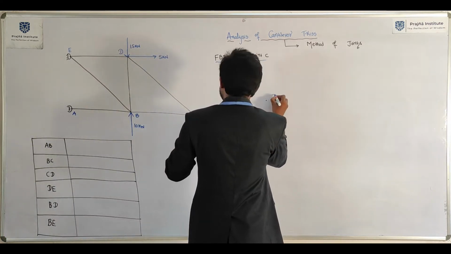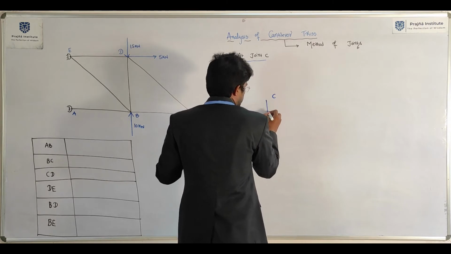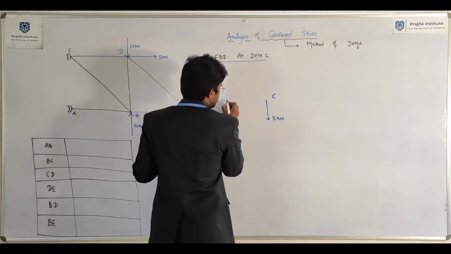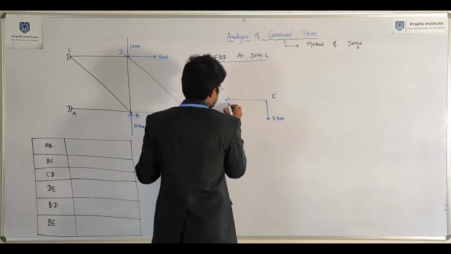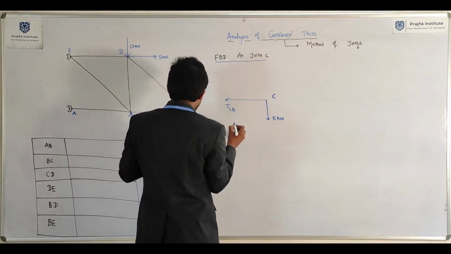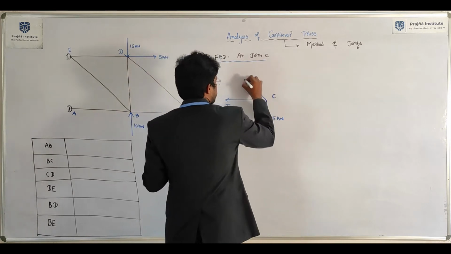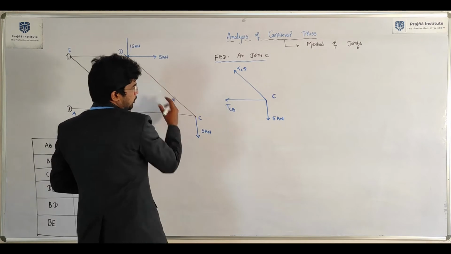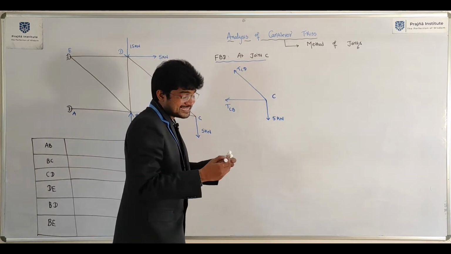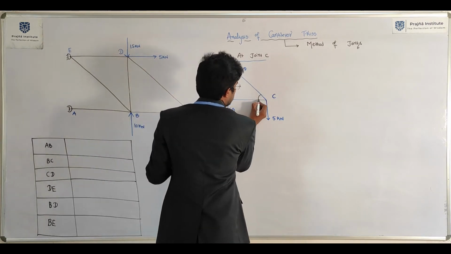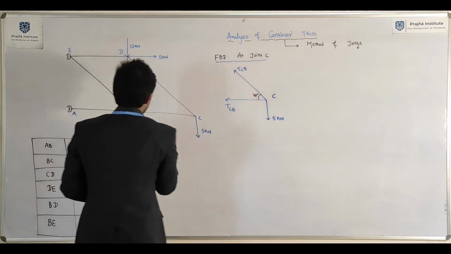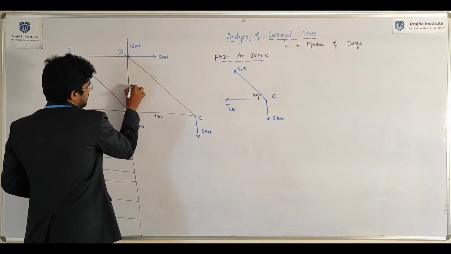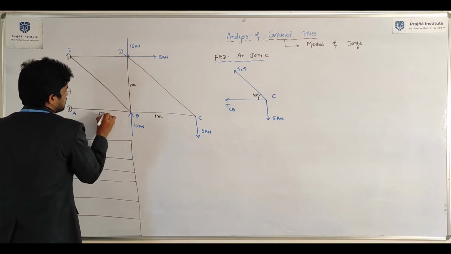Okay, so it is C. 5 kilonewton is acting downwards. Then TCB and TCD, pulling the joint and pulling the joint. It is 45 degrees. Of course, it is 1 meter, 1 meter, 1 meter.